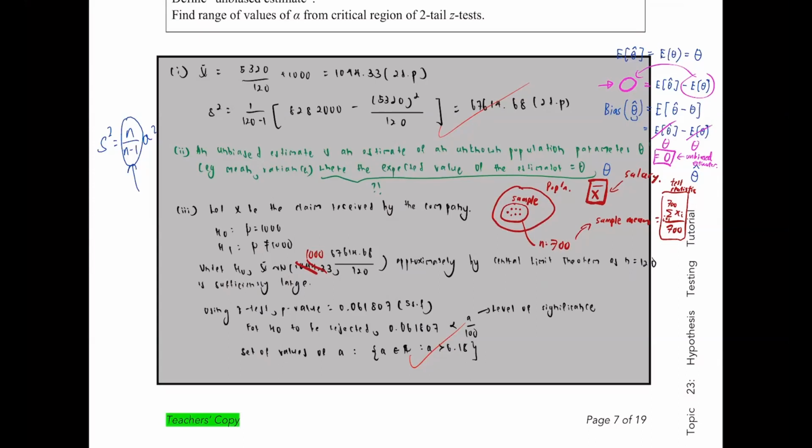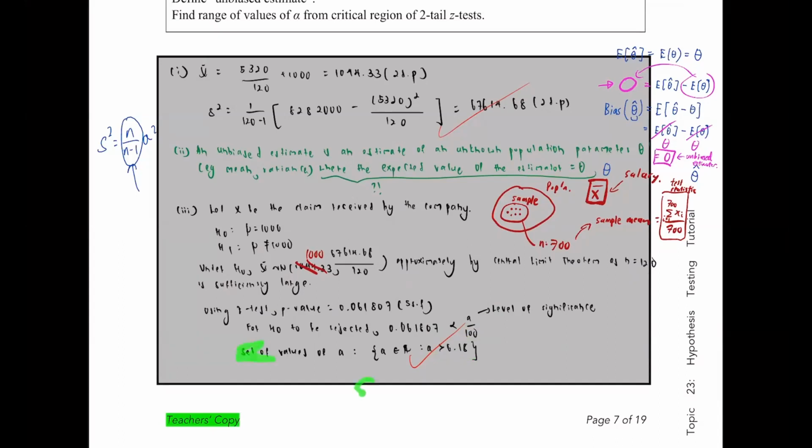That's why you always compare with 0.05, which is really just 5 over 100, which means that you should change the 5 here into an alpha. So alpha over 100. And % means divide by 100 anyways. Then from there, you can solve for alpha by multiplying by 100. So you end up with alpha more than 6.18, but you want a set of values.